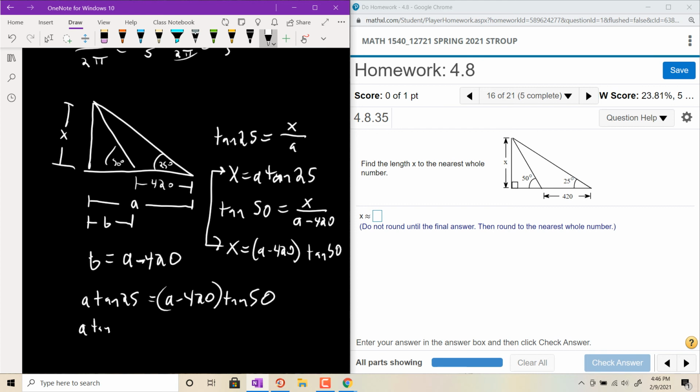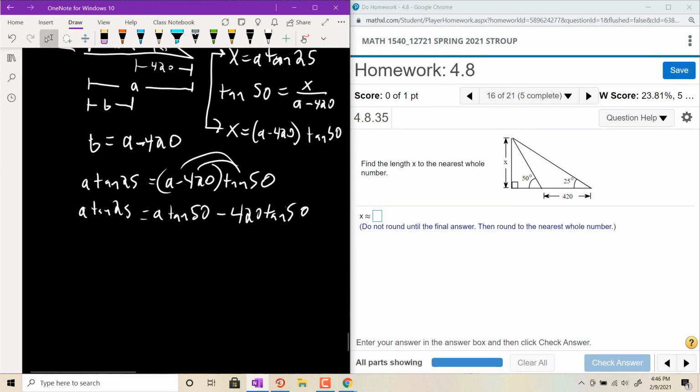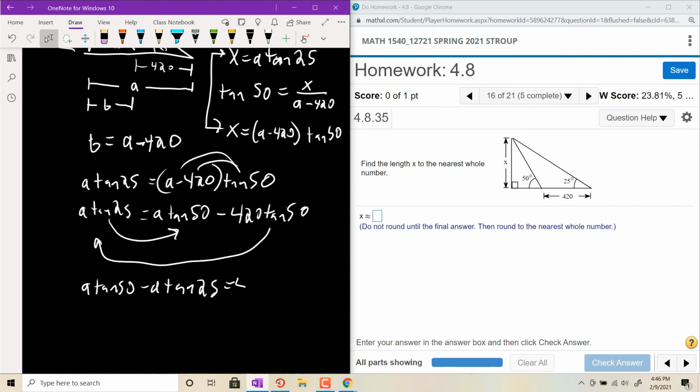So a tan of 25, distribute this tan, you get a tan of 50 minus 420 tan of 50, and then move this tan over here, move the 420 over here. I'm just kind of avoiding the negatives, right? So I have a tan 50 minus a tan 25 equals 420 tan of 50.